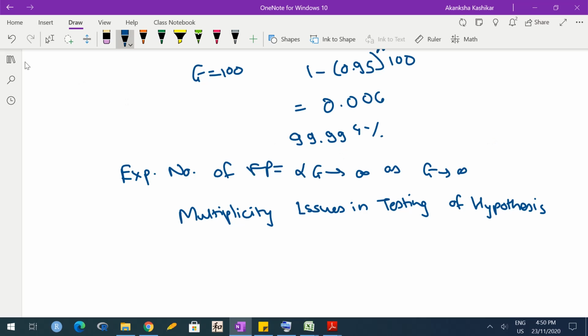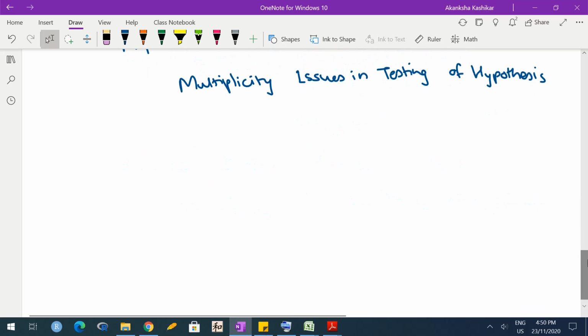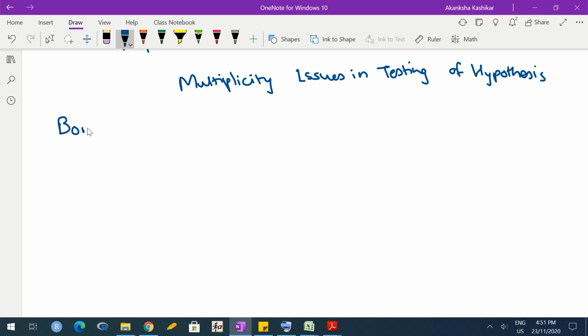So what are the ways? First let us try some simple ways. The very first simple thing that people came up with is known as Bonferroni adjustment of p-values. Now what does Bonferroni adjustment say? Suppose I have carried out G tests. So the p-values are represented by P1, P2, up to PG.